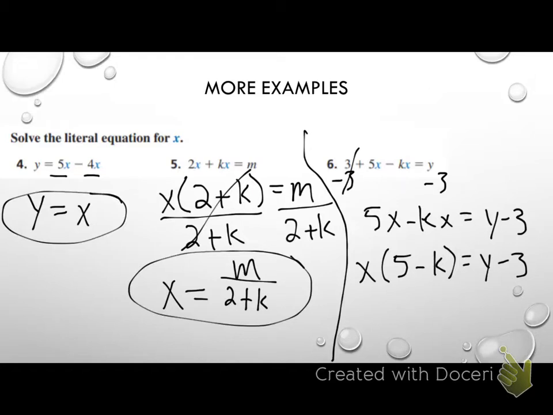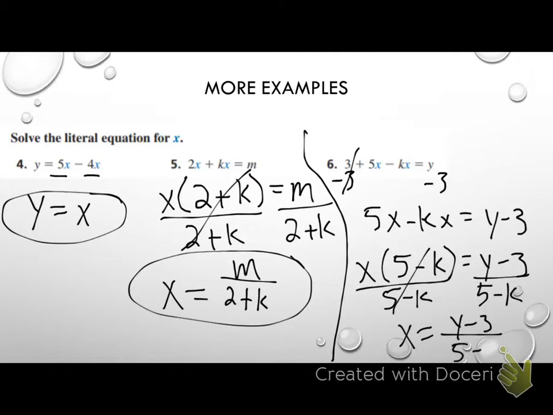Not subtract, but divide by 5 minus k. So x equals y minus 3 over 5 minus k. That'd be my answer. Solve for x. Questions on number 6? Not too bad?